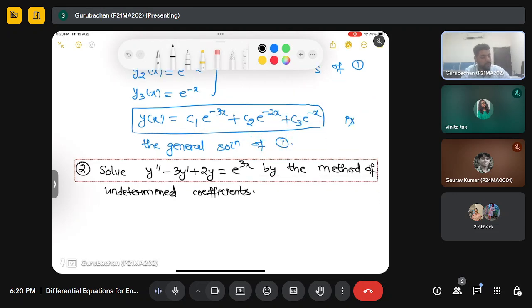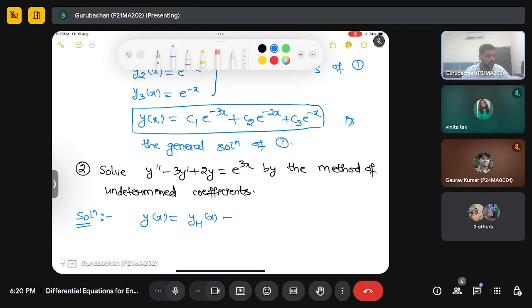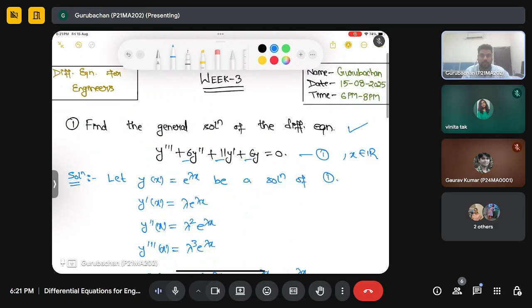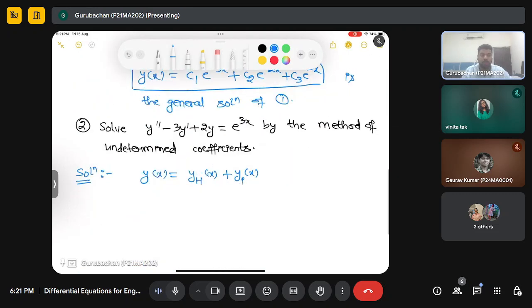Let me give you a hint, then you will try also. Clearly, this given differential equation is a non-homogeneous differential equation. So the general solution y(x) will be the sum of the homogeneous solution and a particular solution. The homogeneous solution will be found in the same way as in question number 1, and for the particular solution, we have to follow the method of undetermined coefficients. Try this one, then I'll let you know.